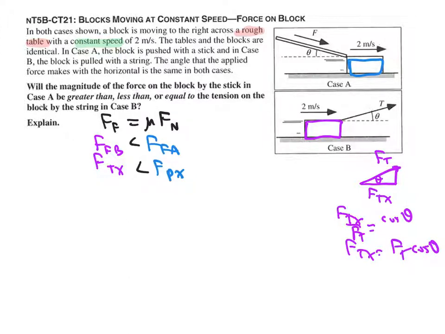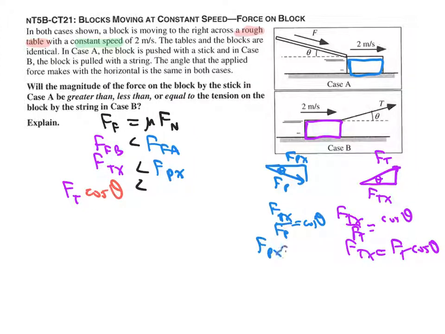Hopefully that's getting kind of familiar. We've done that a lot of times now. So we'll have FT cos theta here. And then likewise, from our other diagram, we have FP, and we want FPX, and that's theta. And so we see again that FPX over FP is also cos theta.